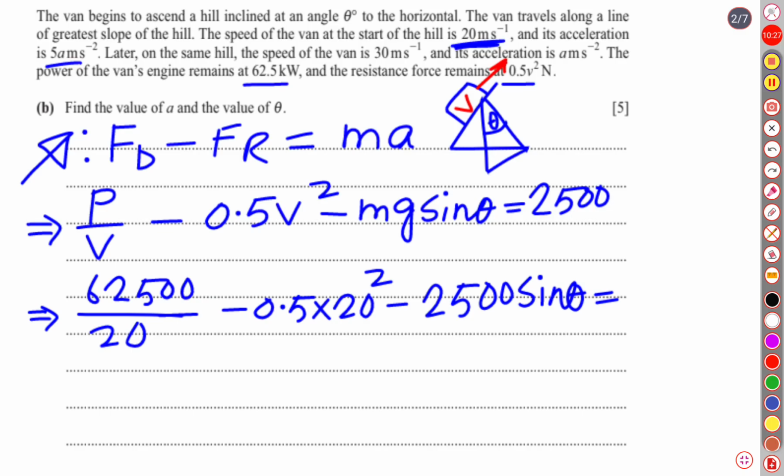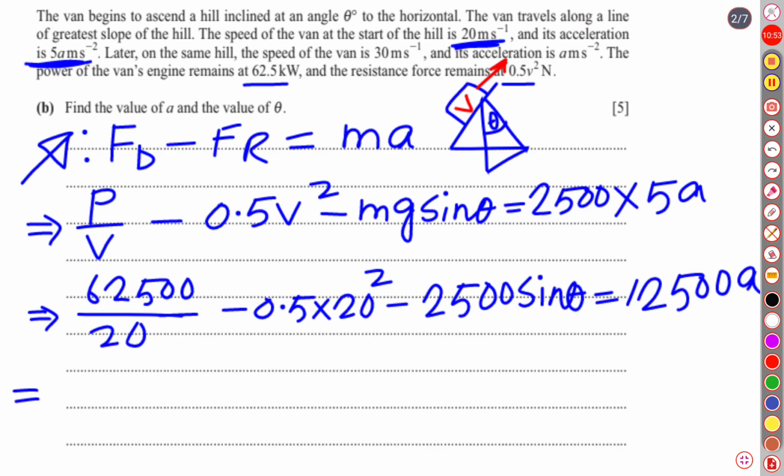We have already made a mistake in the second step. Acceleration is given as 5a, so acceleration is not a, it is 5a. Multiplying 2500 by 5 gives 12,500a.